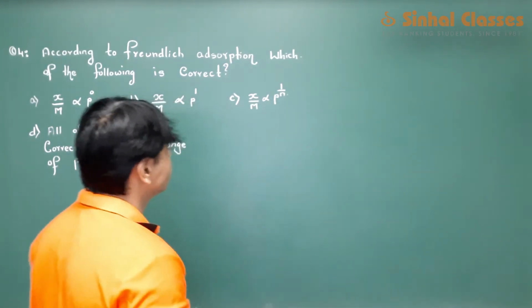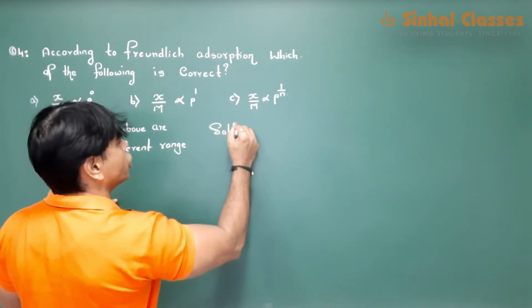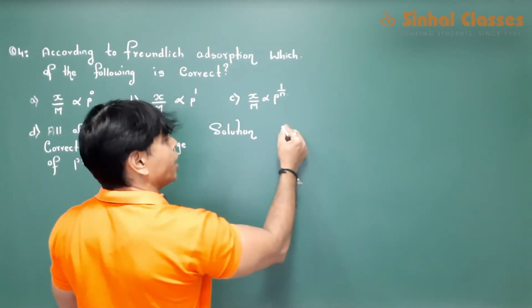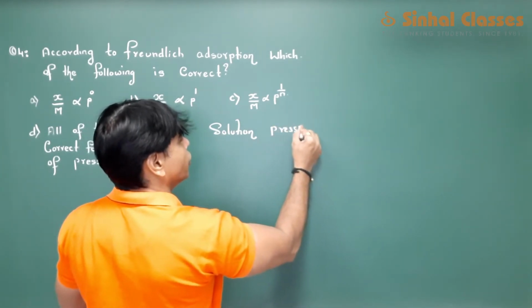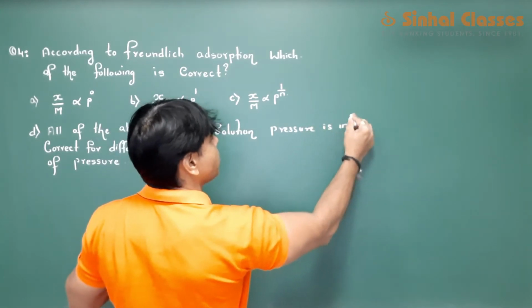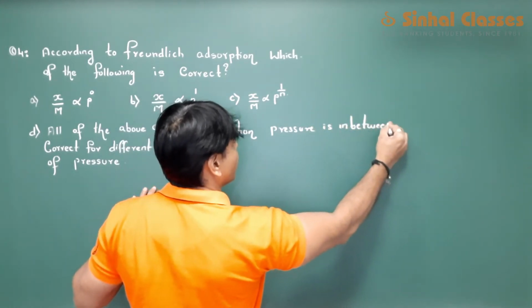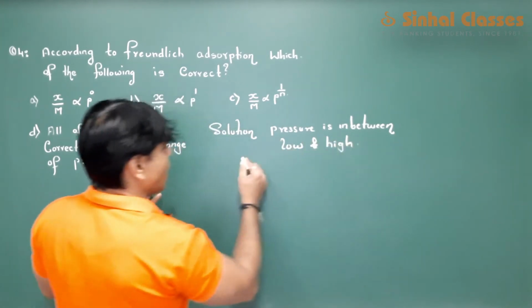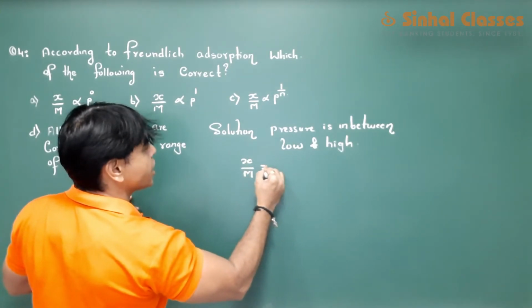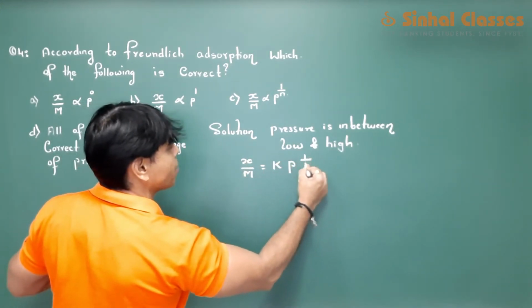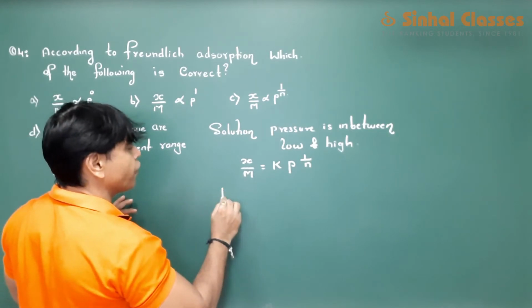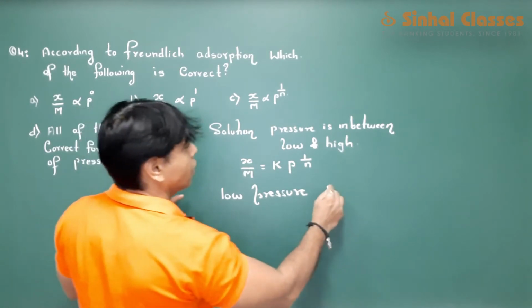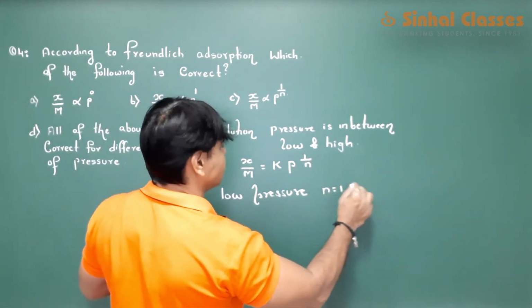Now we know that if the pressure is in between low and high, x upon m is equal to k p raised to 1 by n. But if it is a low pressure, then n is equal to 1.